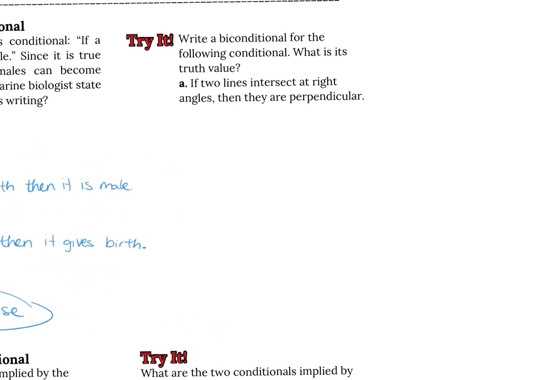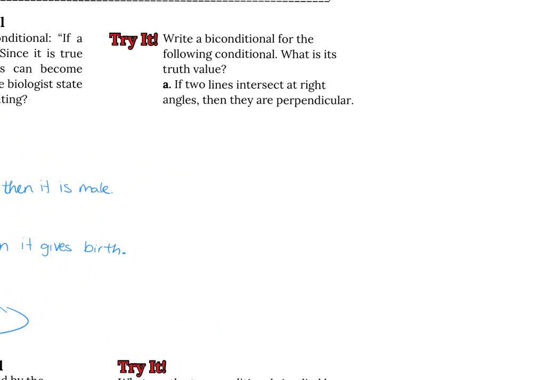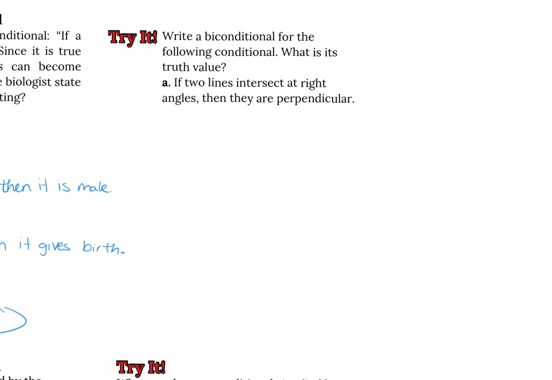All right, let's look at our try it. All right, we want to find the truth value to figure out if our biconditional is true. All right, so our statement, if two lines intersect at right angles, then they are perpendicular. Okay, so let's do our conditional. Actually, our conditional is just the original statement, so I'm not going to take the time to rewrite it.